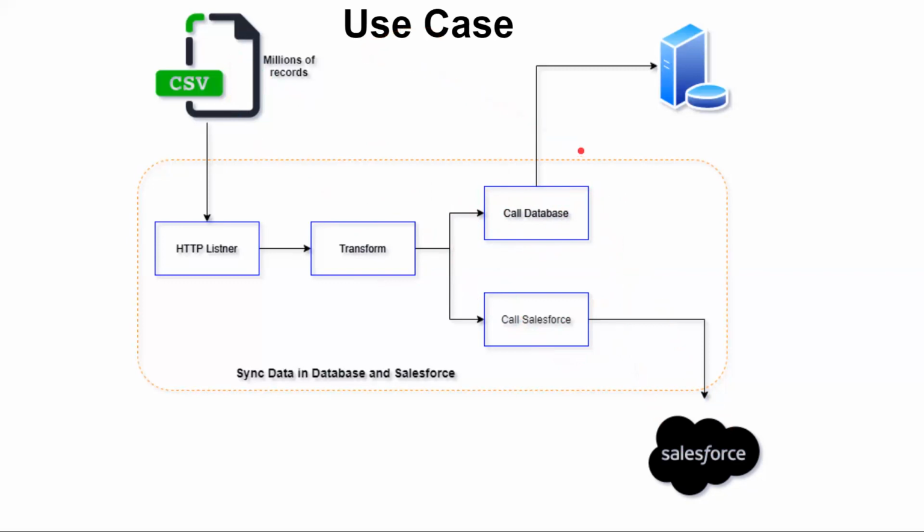As an architect, I need to decide. The best option here, as a MuleSoft architect, I could think of is batch processing, because if I compare the for each and the parallel for each with the batch job, the batch job is more reliable than the for each, and the parallel for each is faster.